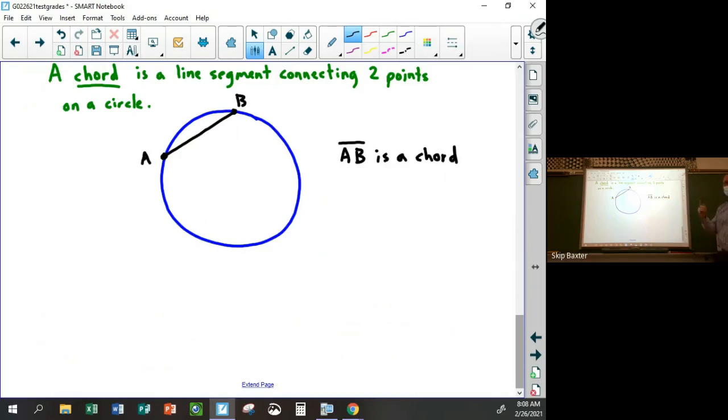Now there's one chord that's special, has a special name. What is it called? The idea is you definitely know this word. It's diameter. A diameter is a special type of chord. What's special about it? Yeah, so any chord that passes through the center of the circle is called a diameter. Okay?